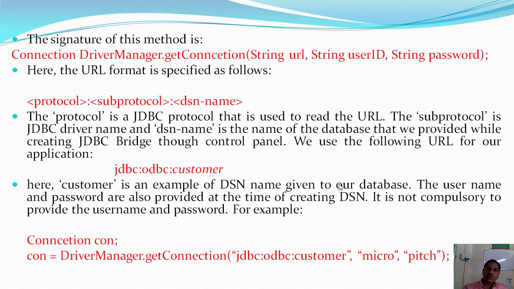We use the following URL for our application: jdbc:odbc:customer. Here customer is an example of a DSN given to our database. The username and password are also provided at the time of creating the DSN. It is not compulsory to provide the username and password.